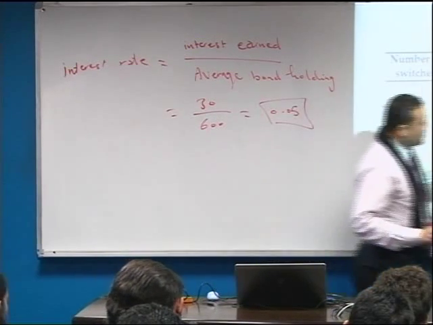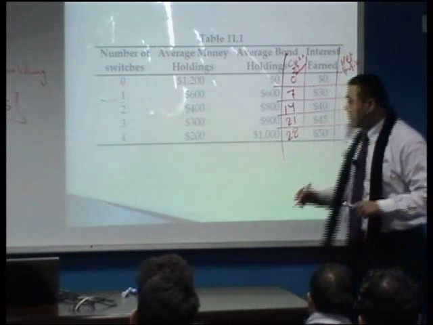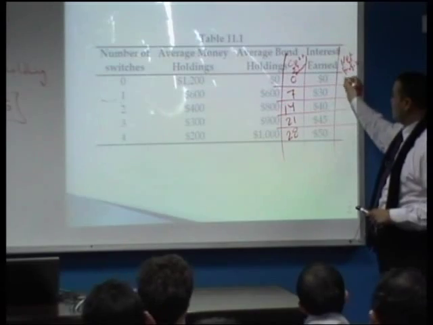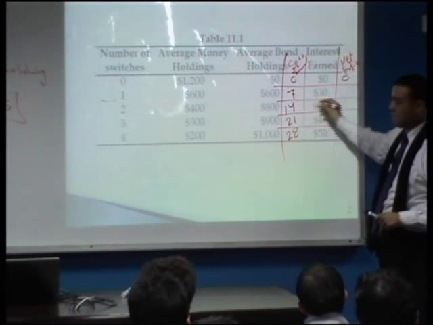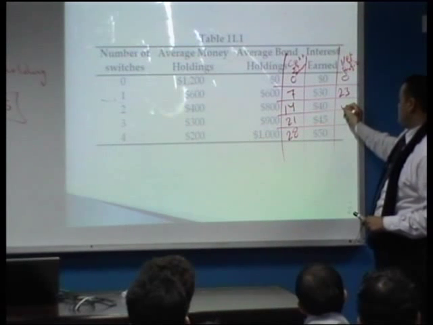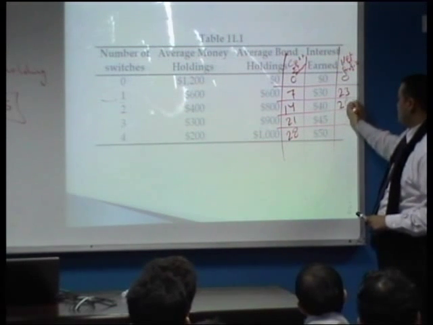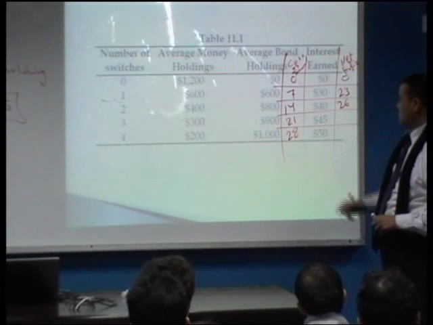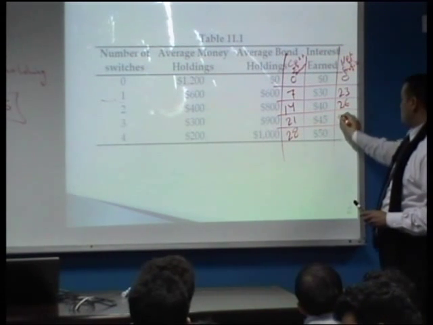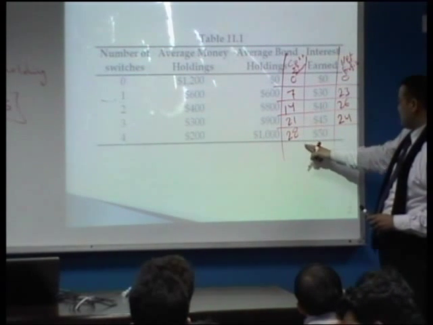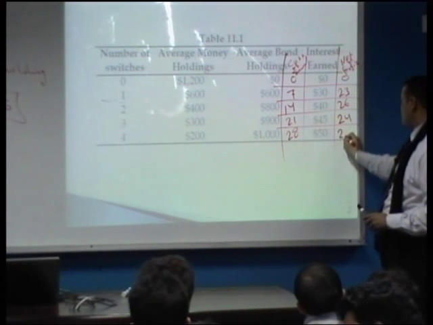So here we have to calculate the net profits. Interest earned minus the cost of switches is 0. 30 minus 7 is 23. And then 45 minus 21 is 24. How much? 22, yes.